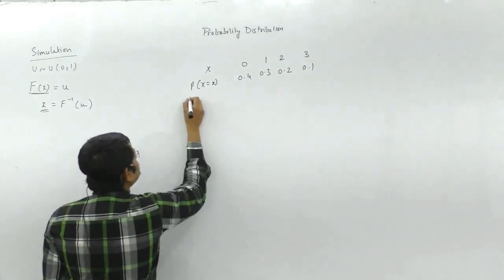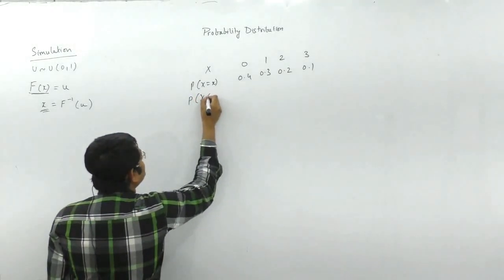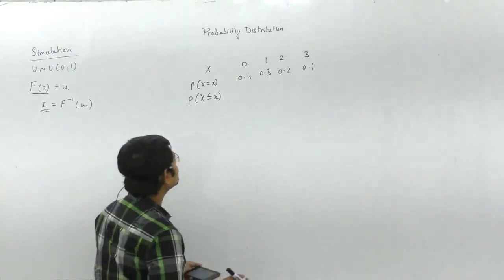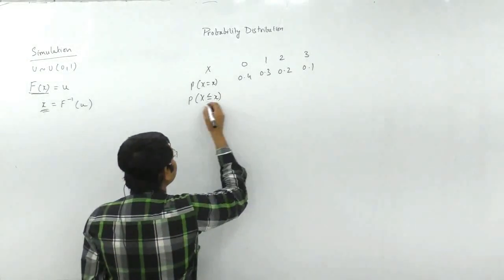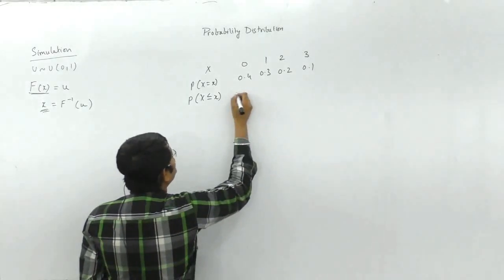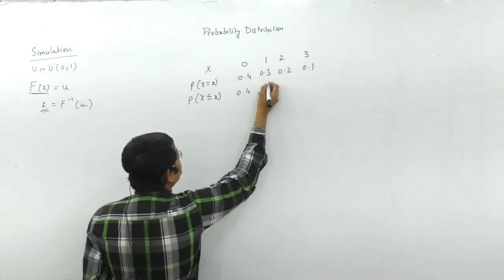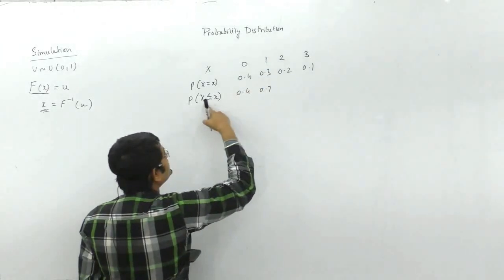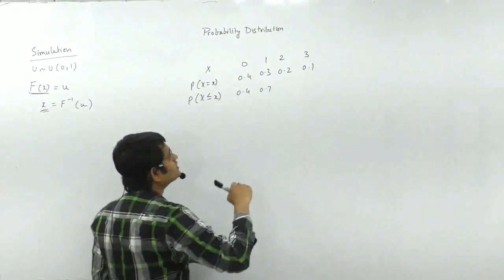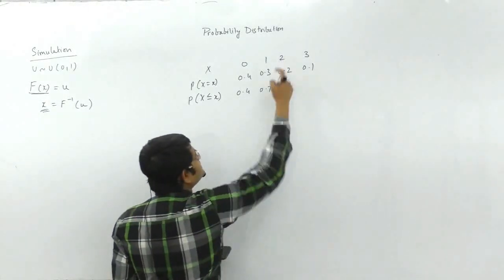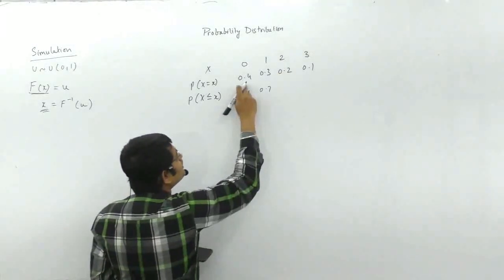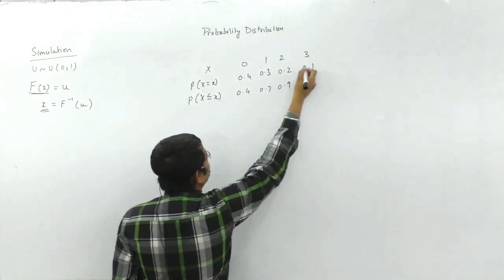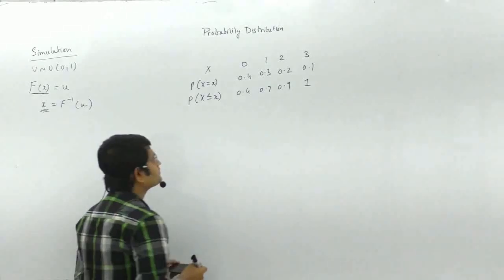We'll always equate our capital Fx, or cumulative probability, to find our simulation. So for that we'll need to find probability x less than or equal to x, that is nothing but our capital Fx. For cumulative probability, we'll have 0.4, then 0.7, the addition of these two, which is probability x less than or equal to 1. Then probability x less than or equal to 2 will be 0.4 plus 0.3 plus 0.2, that becomes 0.9, and this becomes 1.